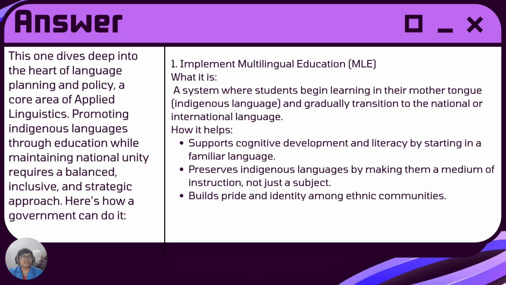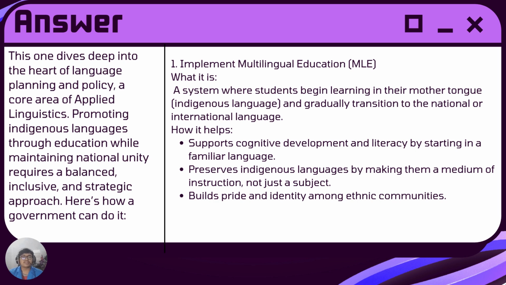So the answer is, this one dives deep into the heart of language planning and policy, a core area of applied linguistics. Promoting indigenous languages through education while maintaining national unity requires a balanced, inclusive, and strategic approach. Here's how the government can do it. Number one, implement multilingual education or MLE. What is it?